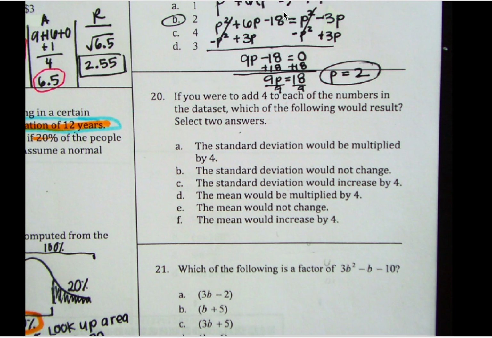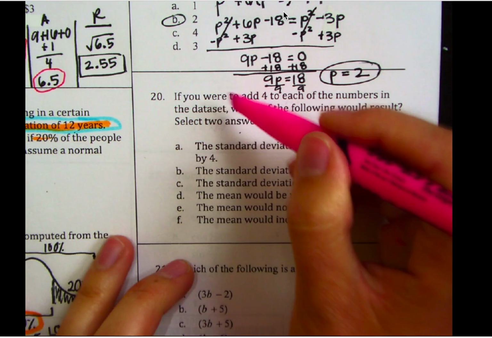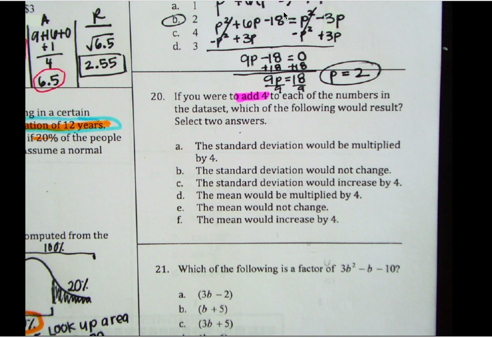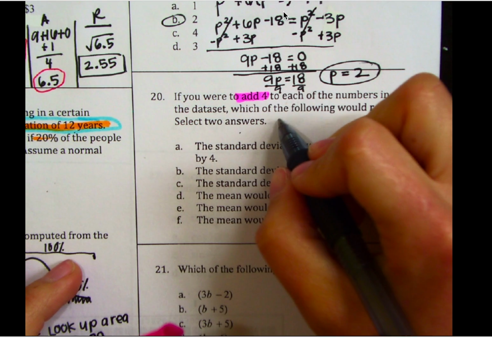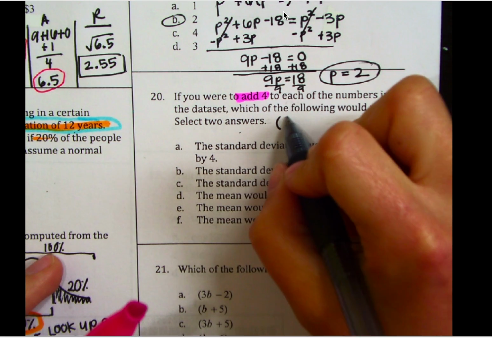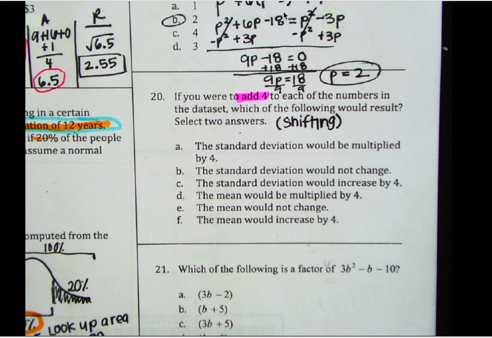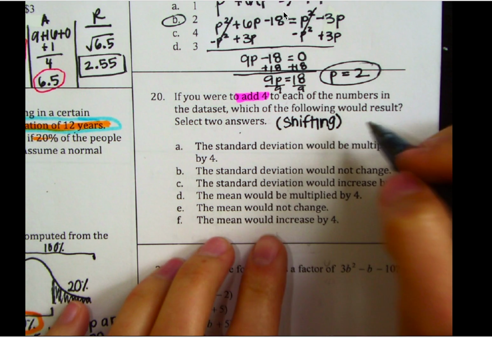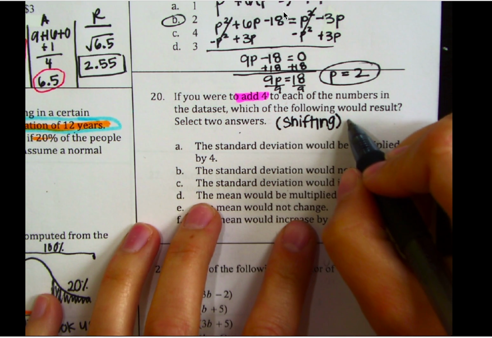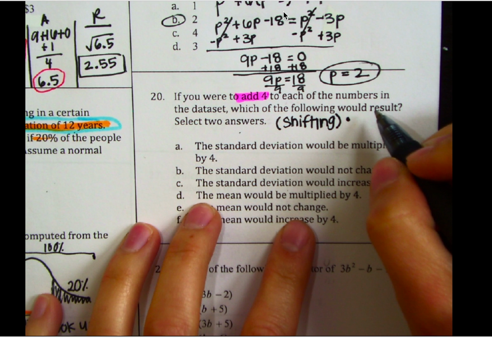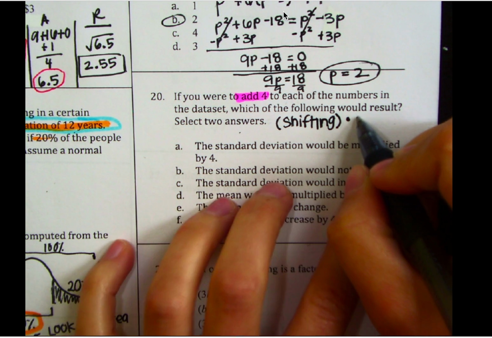Number 20. If you were to add 4 to each of your numbers in a data set, which of the following would result? Okay, so remember when you're adding a number to all of your data, it's called shifting. All right, so when we are shifting, we want to remember that your measures of center are also going to shift.